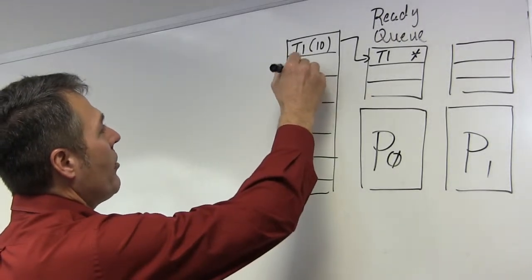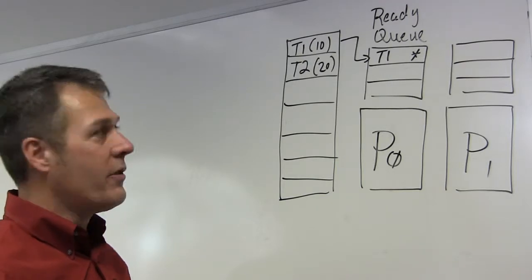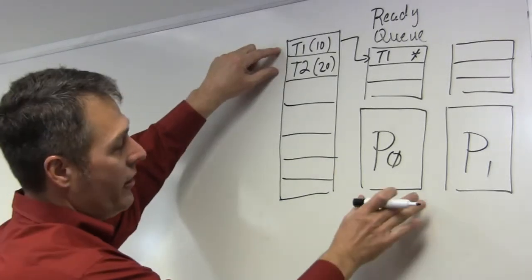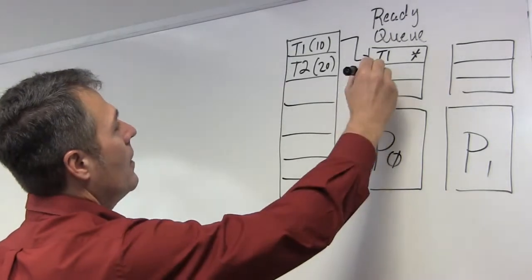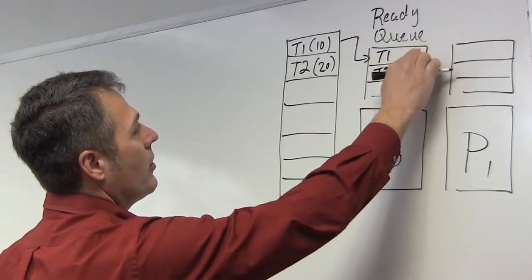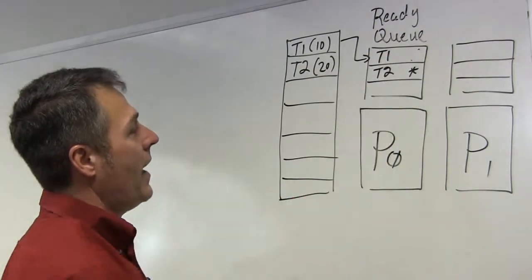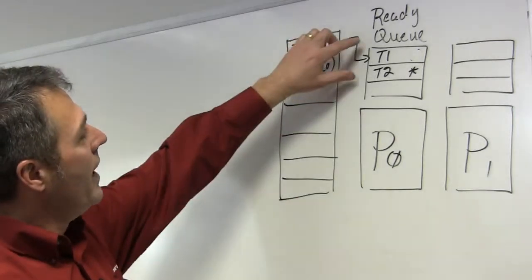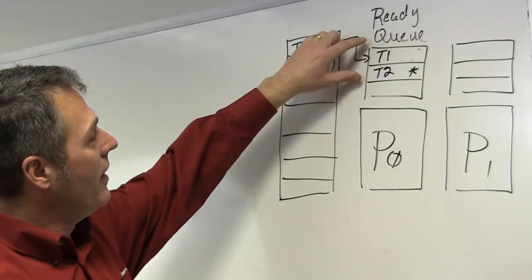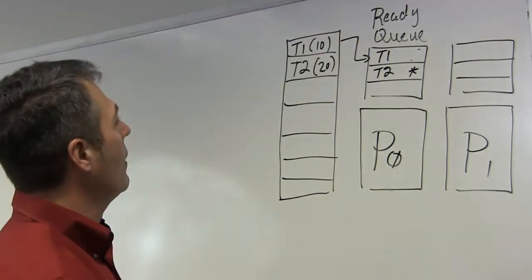If we start a second thread, thread 2, and we give it a higher priority value than thread 1, and start it on the same processor, in this case processor 0, then that will cause a preemption event, and that will then activate thread 2 on processor 0. So now thread 2 is the active thread on P0, and T1 is in a wait state.